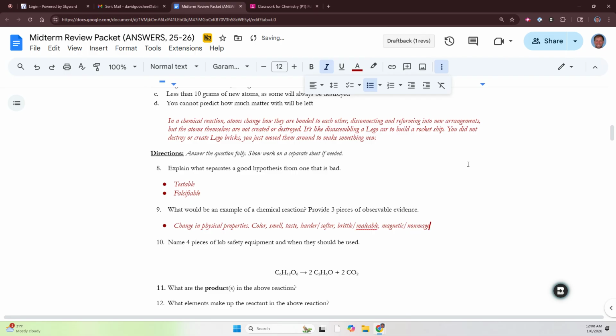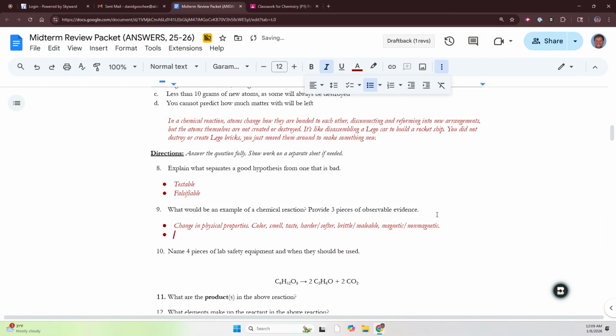Basically, if any of these properties change, you're looking at evidence of a chemical reaction. When something's color changes, that usually means the atoms have reconnected to form something new, or smell or taste. So that all counts as one category of observable evidence.